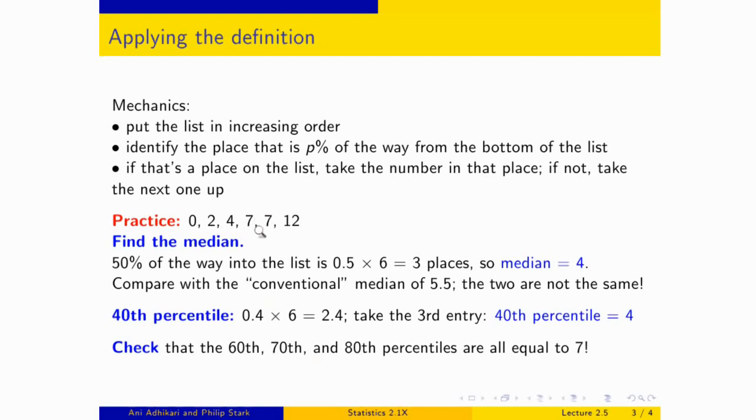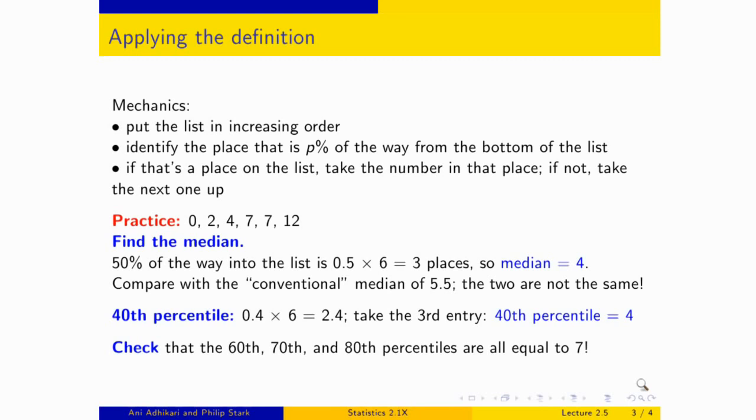And so the rule says take the next one up, and there you've got 7. And what you're seeing here is that the definition has taken into account the fact that a list may have ties. A tie is when two numbers are the same. And that percents of entries aren't necessarily whole numbers. And so you've got to account for that.